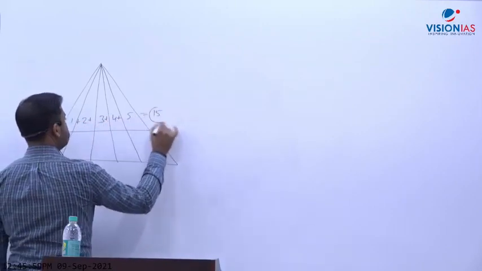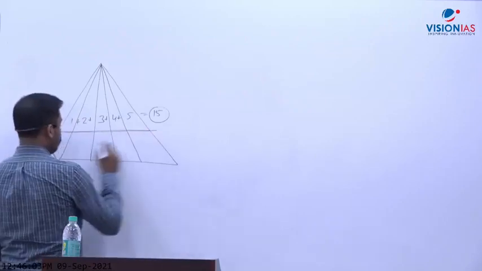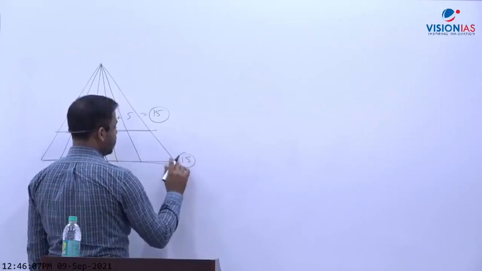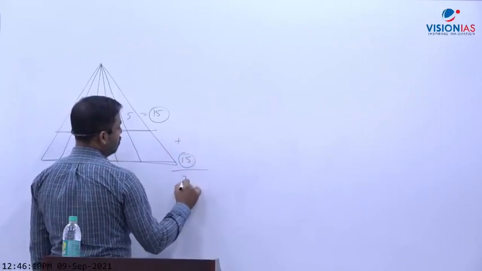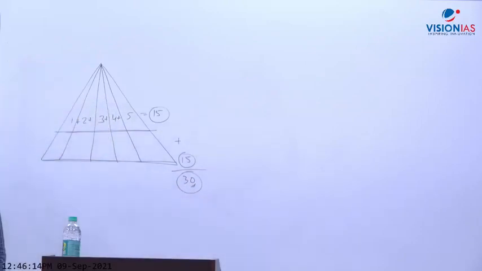So add them. 15 on one baseline and similarly 15 on the other baseline, that is, the second baseline. So add these two, we will get the answer, that is 30.